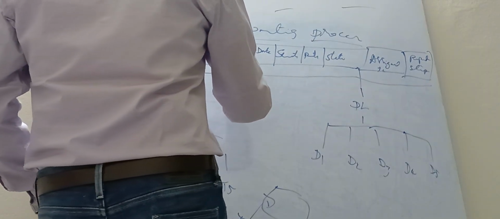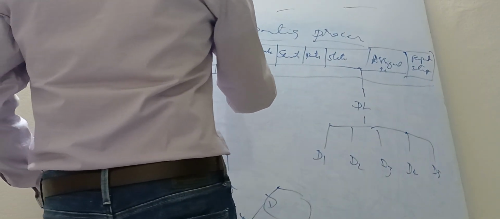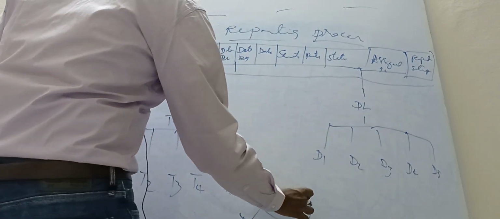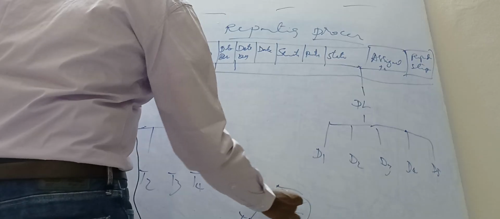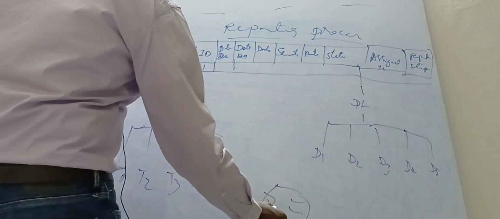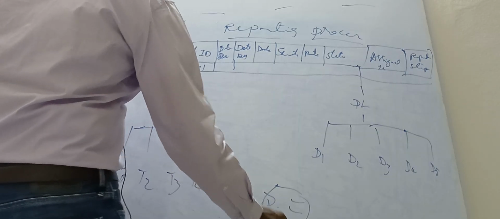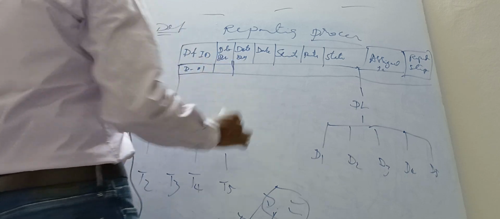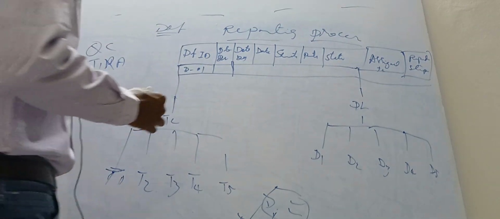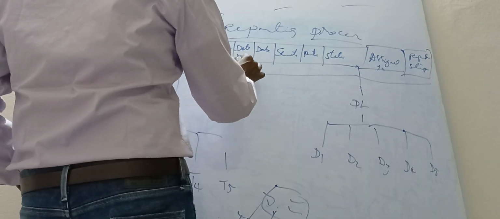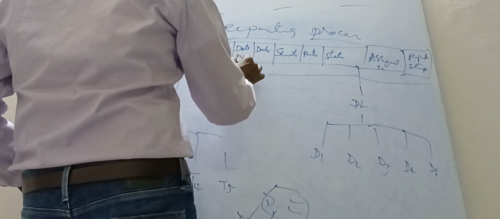Defect description: I have entered the correct username and correct password and clicked on the OK button, but it is not navigating to the home page. Actually it should navigate, right? You have to write the description here, what the defect is. Defect detected by is your name. Suppose my name is, say, Karthik.